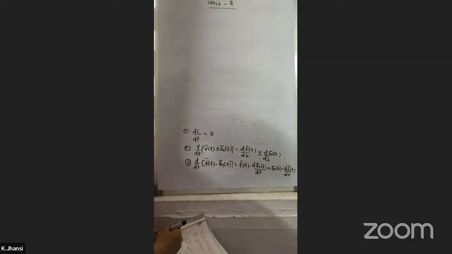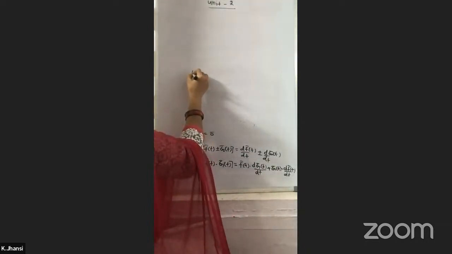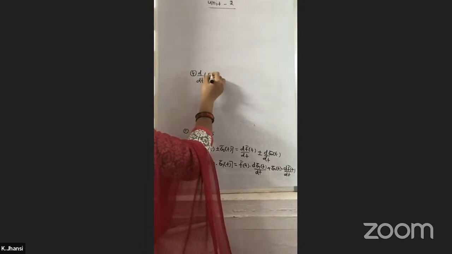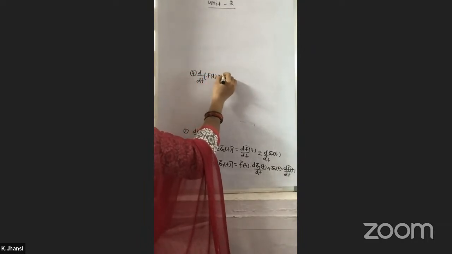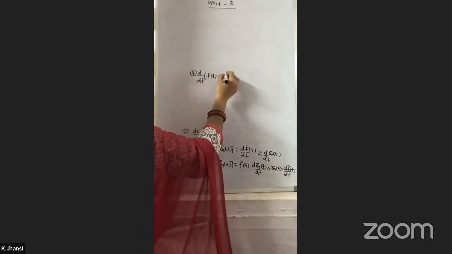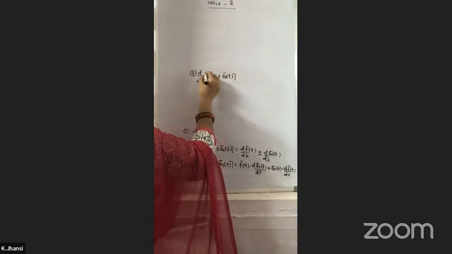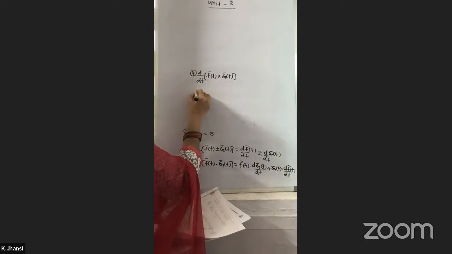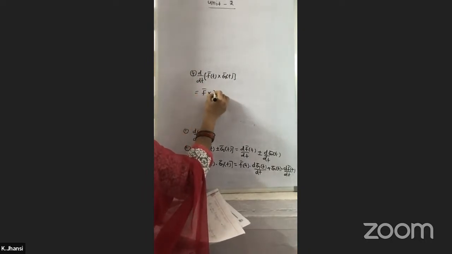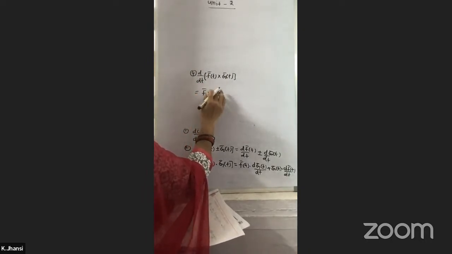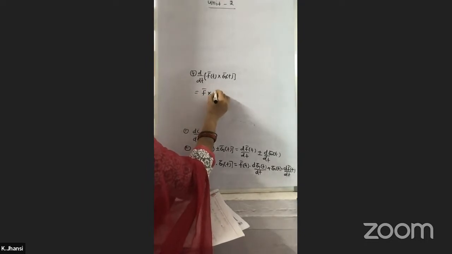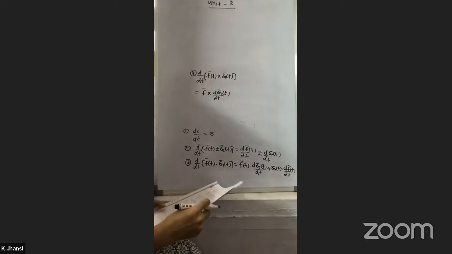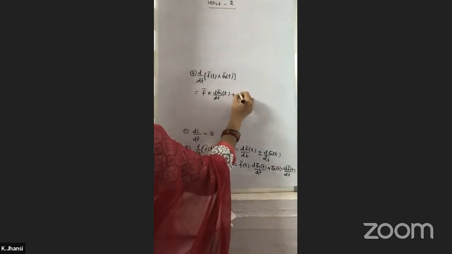Next, the fourth one is d by dt of f of t cross g of t. That is the cross product of two, so you will get it as f cross dg by dt, plus dF by dt cross g.